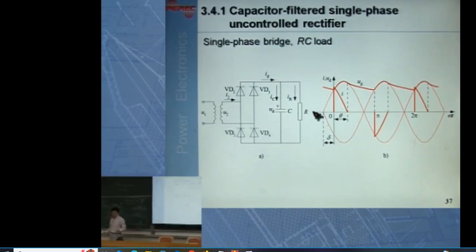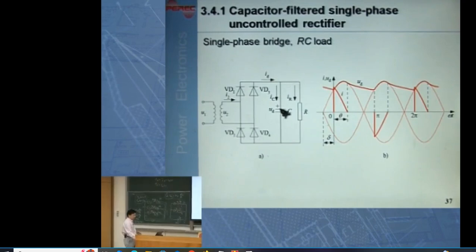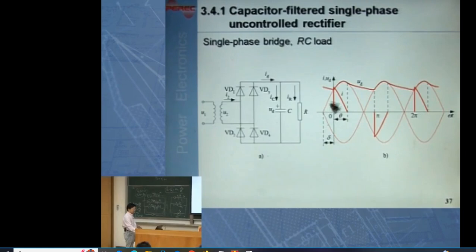Before, when we do not consider this capacitor here, then when the input voltage is positive, VD1 and VD4 will be under positive voltage, and therefore those two will be conducting. Therefore, current will be flowing through VD1, load, and VD4 back to the source. And therefore, load voltage will be exactly equal to the AC voltage U2.